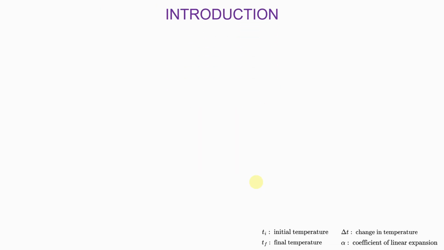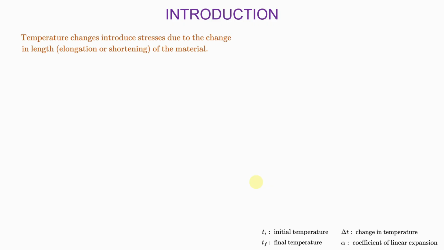So first, for an introduction, what are temperature-induced stresses? Well, what you need to understand is that when you change the temperature of an object, let's say a metallic bar, then that change in temperature will result in a change in length.